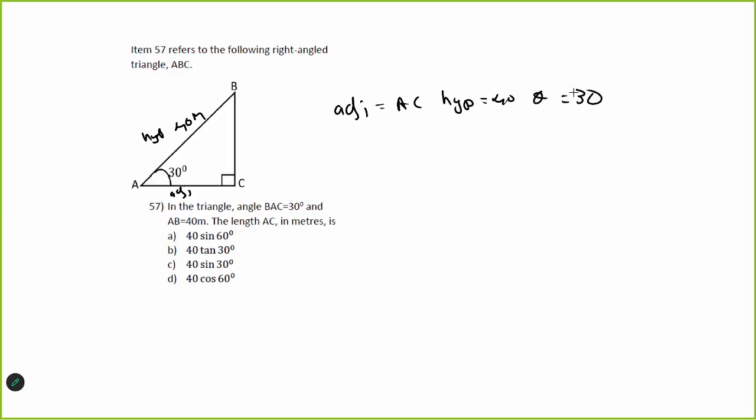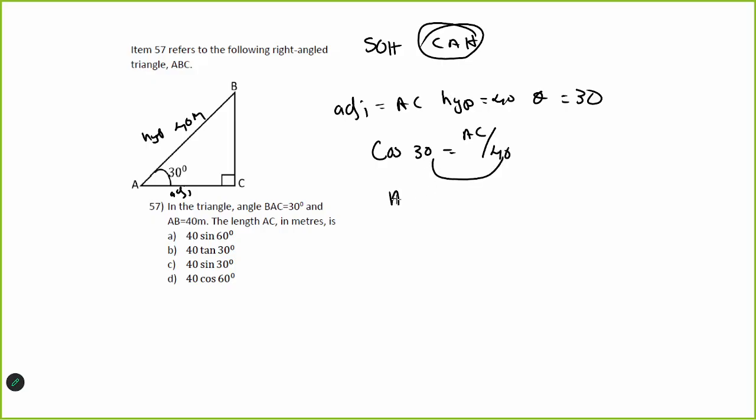Theta is 30. So we are going to use adjacent over hypotenuse, so that's cos. So cos 30 is equal to adjacent, which is AC over 40. Carry this across. So AC would be 40 cos 30.